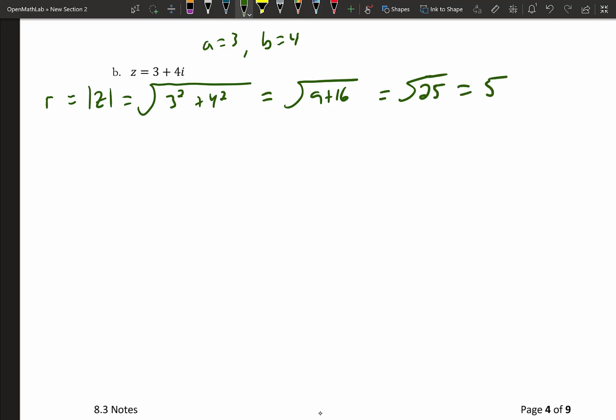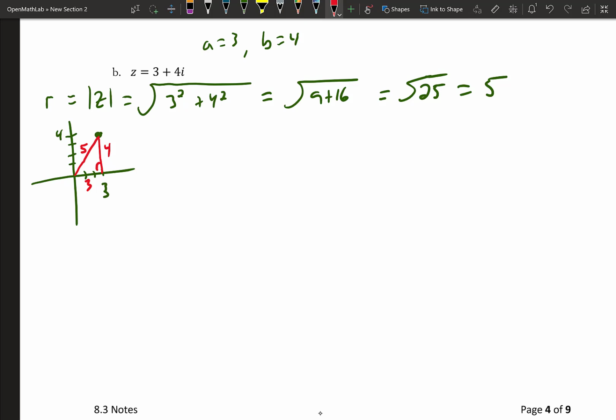If I plot the point 3, 4, here we get this. If I draw in the right triangle, I know this is 4, that's 3, and we just found that that's 5.